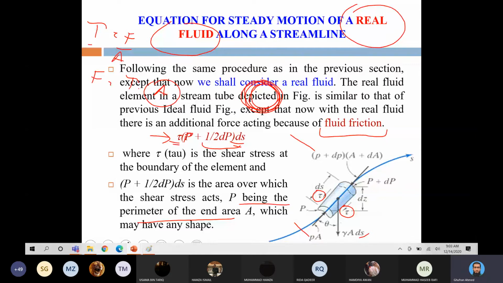Similarly, just like if it has perimeter P at the bottom and it has perimeter P plus dP at the top, then we can find the average perimeter as P plus P plus dP, and divide it by 2, then you can have this one. So the only thing which we need to include in our previous derivation is this frictional force.